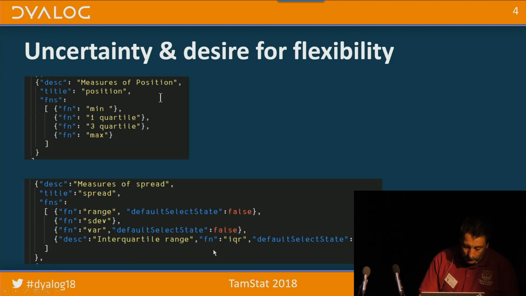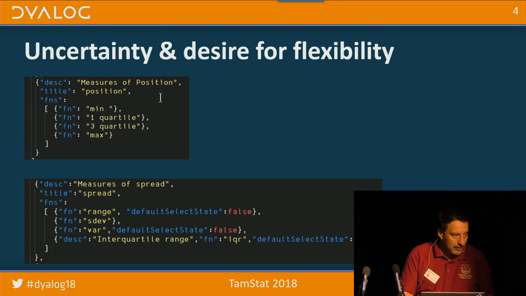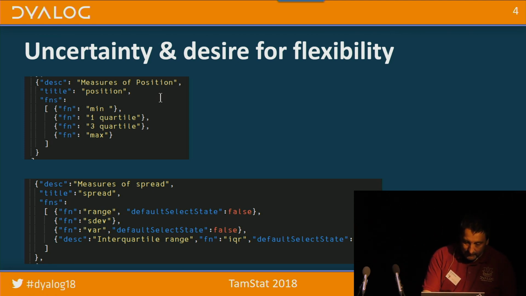There's a possibility to define a function name here in the description, and also there's the optional possibility to have items not selected in the UI. So there's a default selected state element which can be defined to control whether the thing is selected or not.